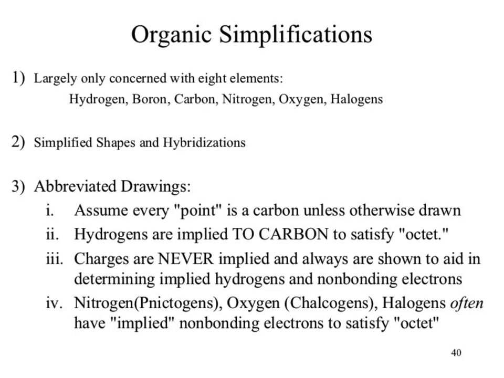So we would make the assumption that electrons are always shown, particularly those reactive ones. However, that is not the case. Okay? Nitrogen, oxygen, and your halogens very often have implied non-bonding electrons to satisfy their octet. Even on charged carbons, a negatively charged carbon, sometimes that lone pair becomes implied.